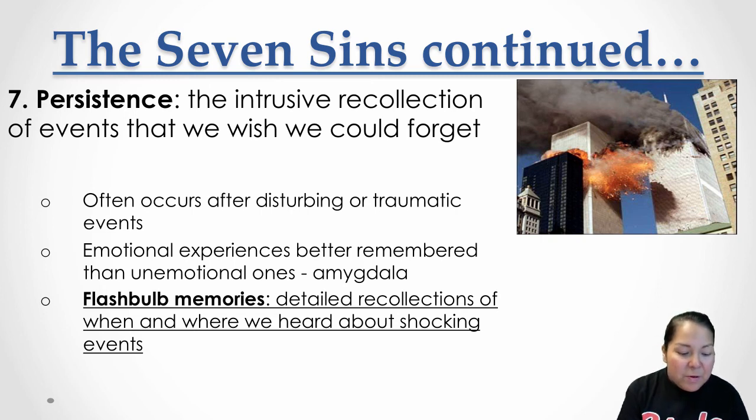These types of memories are partially attributable to the high level of emotional arousal elicited by the event: sadness, anger, guilt, all of these emotions that may go along with the trauma. They are also partially attributable to the fact that we tend to talk and think a lot about these experiences with friends and family, so it's almost a rehearsal where we keep these events in mind.